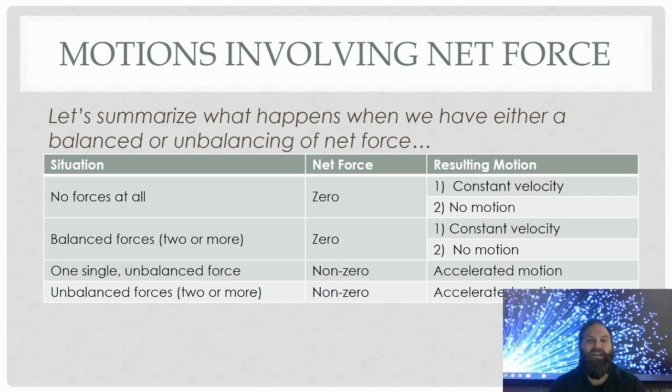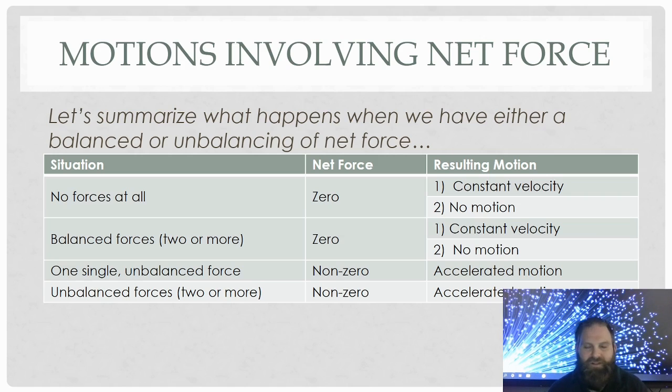So the acceleration is zero, but even if the acceleration is zero, something can still be moving at a constant velocity. If we have two or more forces acting on something and the net force is zero, it's the same as before. You can have a constant velocity or no motion. Our acceleration is still zero if we have a net force of zero.